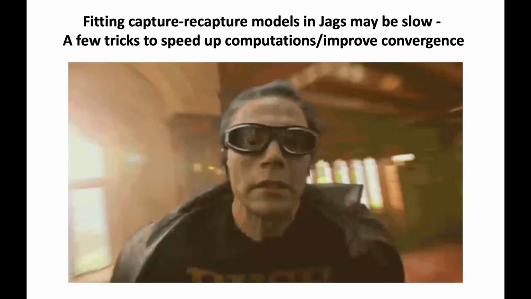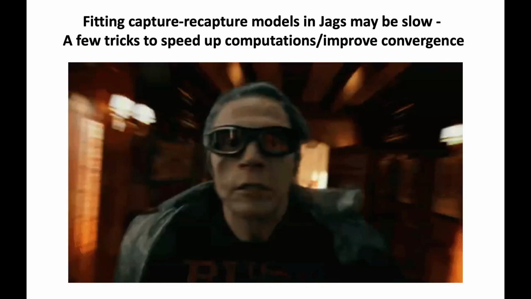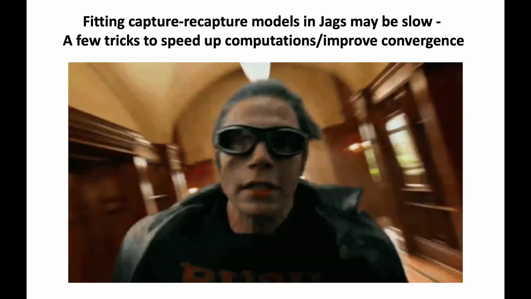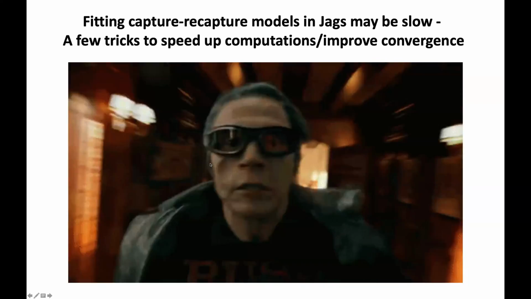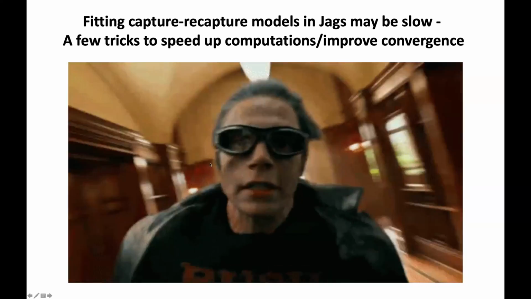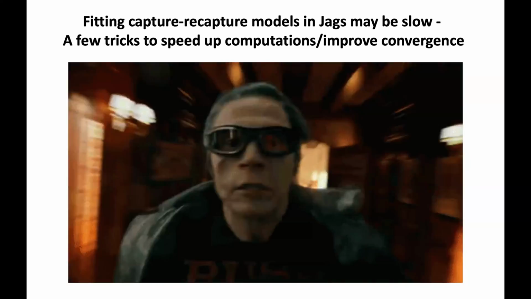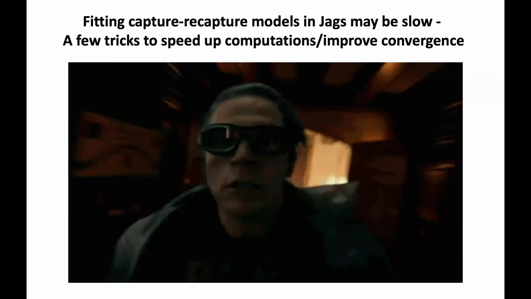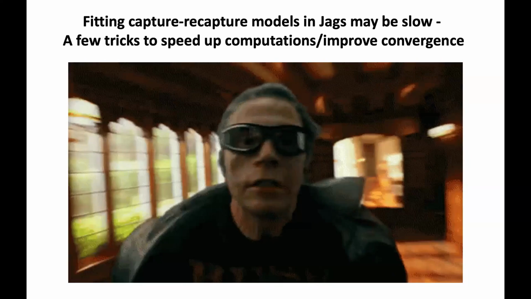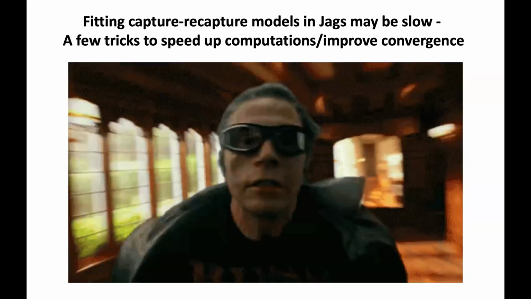I think I have one last slide, and then we will have a break. It's something I wanted to talk about just briefly, and we have already seen it in the exercise. Capture-recapture models, especially multistate, and multi-event models are even worse, can be very slow.